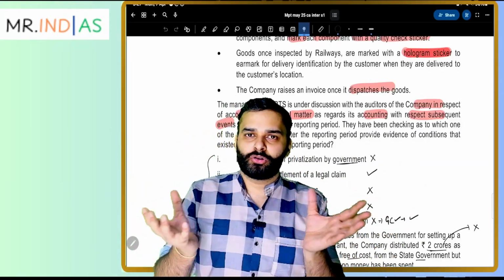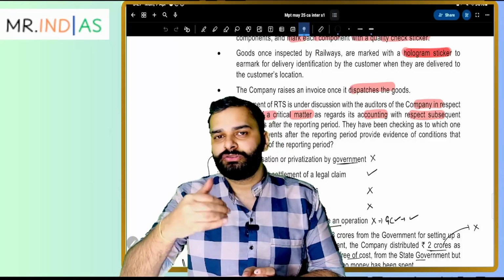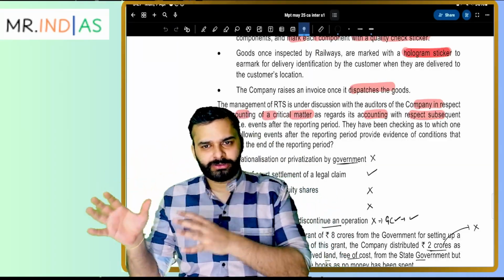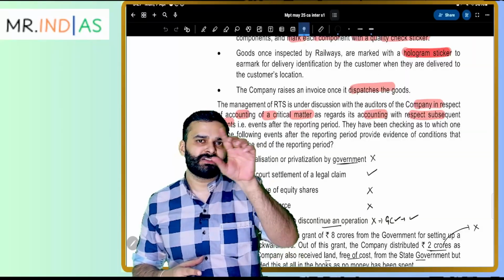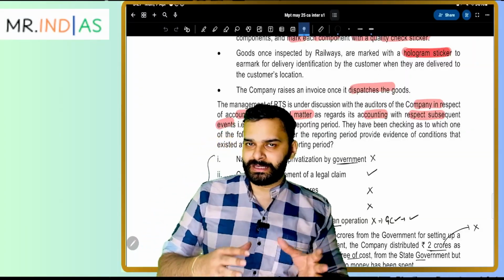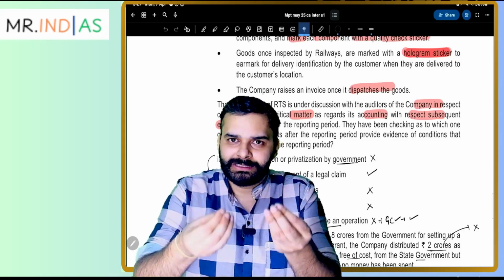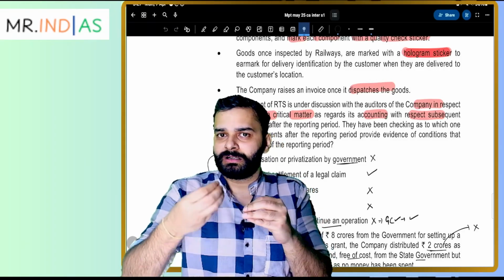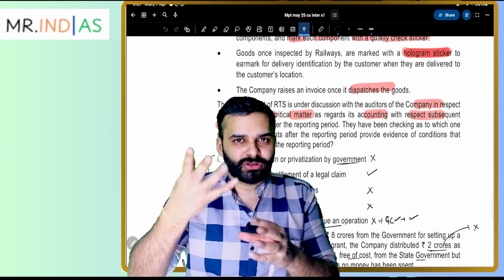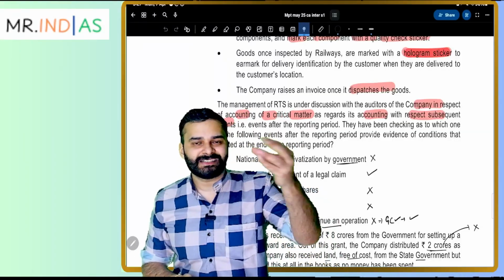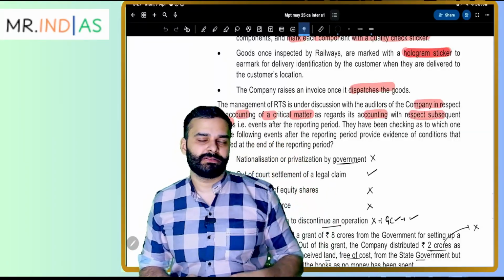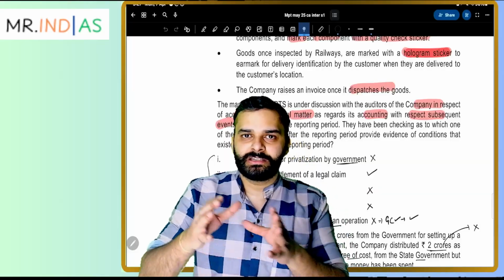The auditor is also in a dilemma. Although there is legal advice, there is still no defined amount. The legal expert can give you an estimate, the possible outcome of the situation, but cannot give you certainty that this will be the outcome.